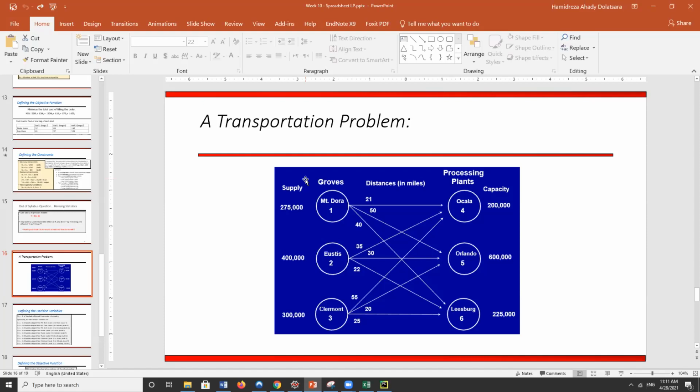I think making the objective function should be easy, because you know that the decision variable is just how much you send from each supply point to the demand point. So basically here, can you tell me how many decision variables you think we have?